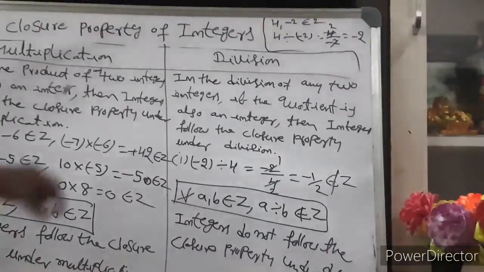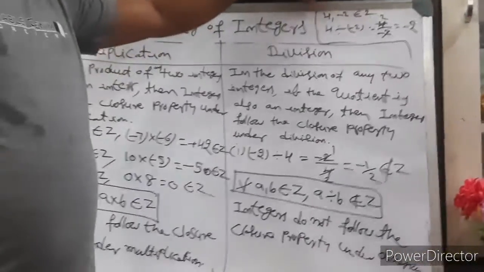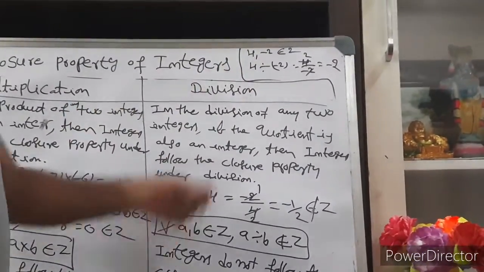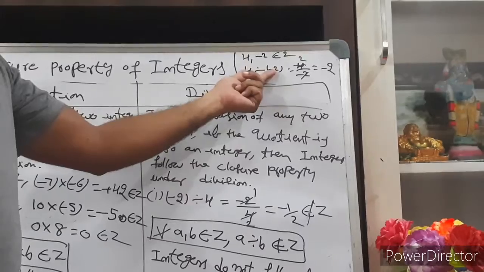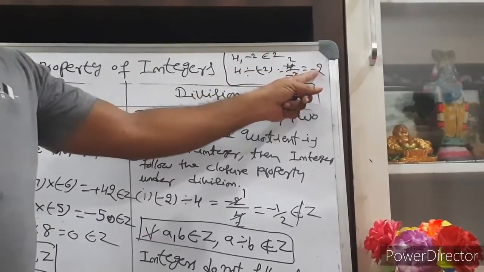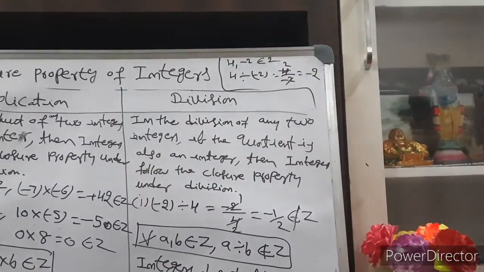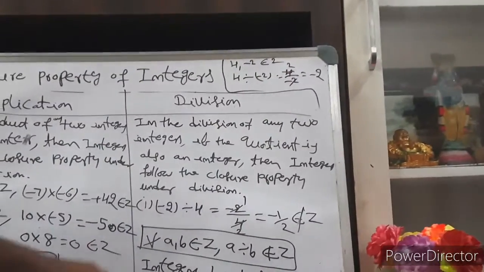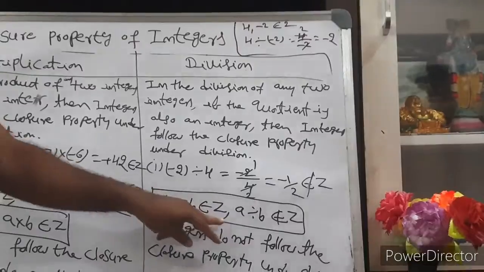But here for these numbers in this division it gives minus 2. Minus 2 is an integer, it's okay. But here the formula is for all a, b belonging to Z.